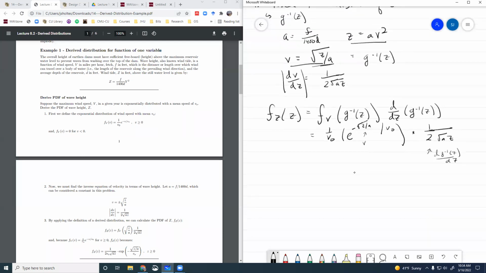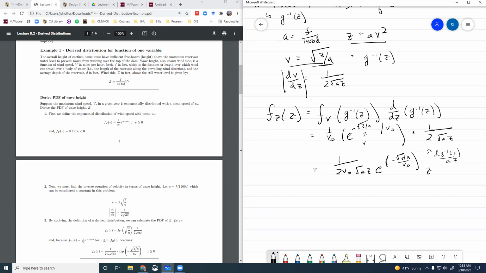So if we simplify all that, we end up with f of z is equal to 1 over 2 v naught square root of AZ times e to the negative z over a, all over v naught.